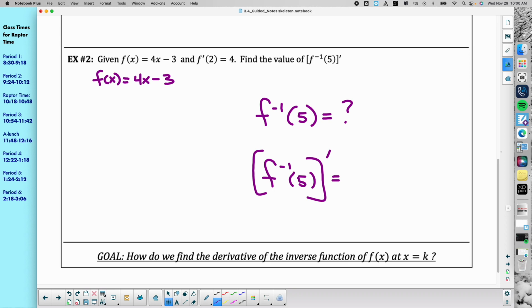If that's what we need to figure out, then I want to figure out when the original function is equal to 5, because that's how inverse works. These two numbers swap. Okay? Well, this I can figure out because I know that equation. So 4x minus 3 is equal to 5.